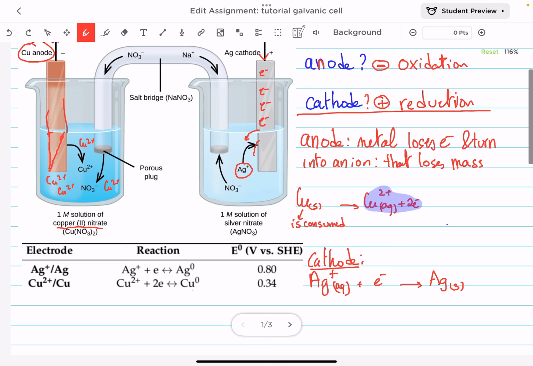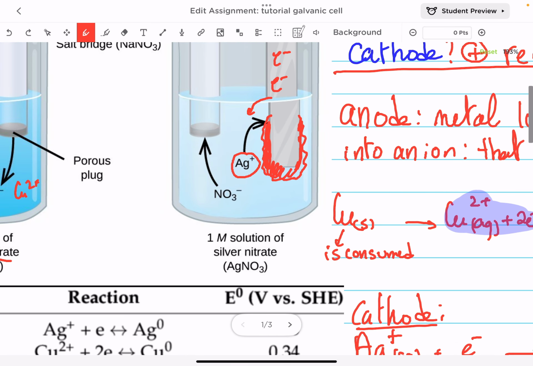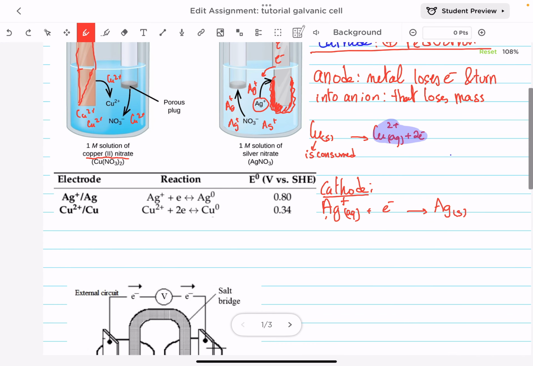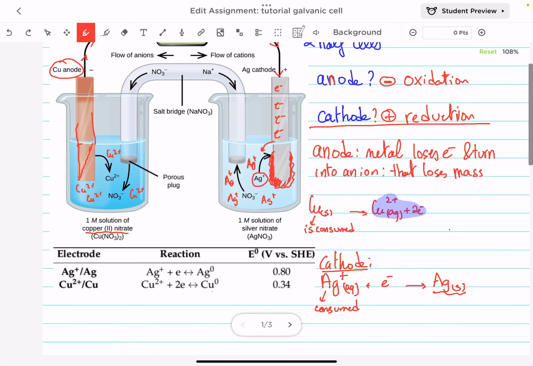By the end of this reaction, we will find that the cathode electrode gains mass. The mass gets bigger because more and more silver is formed. And from this solution, the silver ions that were present became less because they are consumed in order to form more metal.